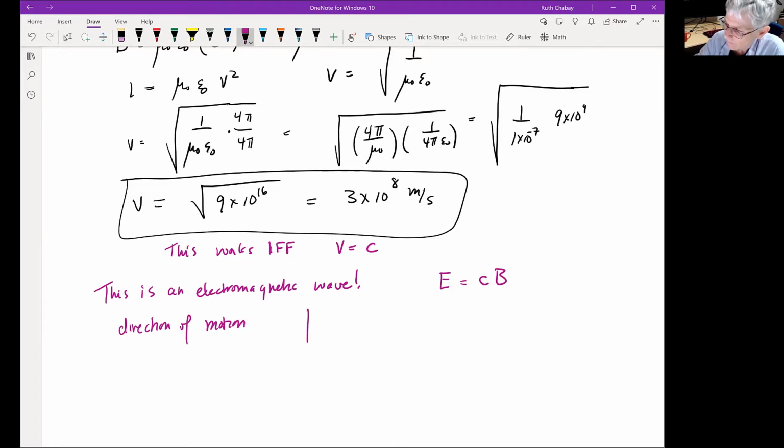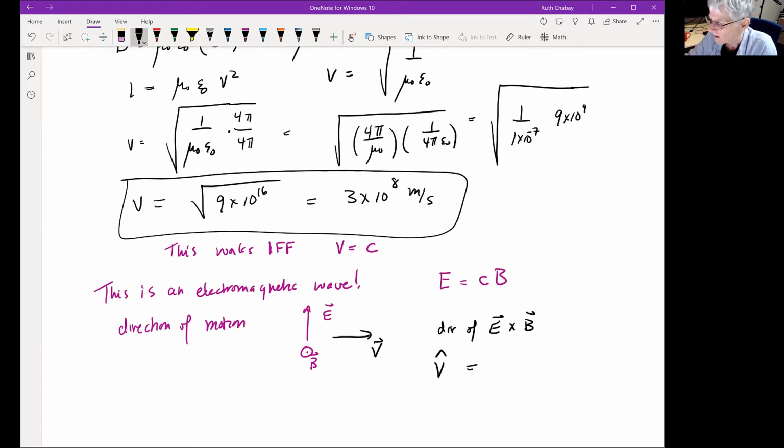And the direction of motion, so we had E up and B out of the page. The direction of motion, or direction of what we call propagation, looks like that's the direction of E cross B. So we can write this mathematically as v hat, the direction of v, is equal to E hat cross B hat.